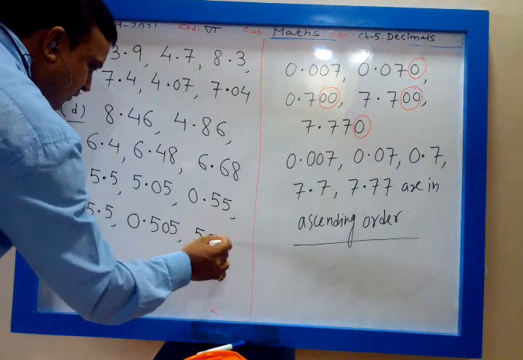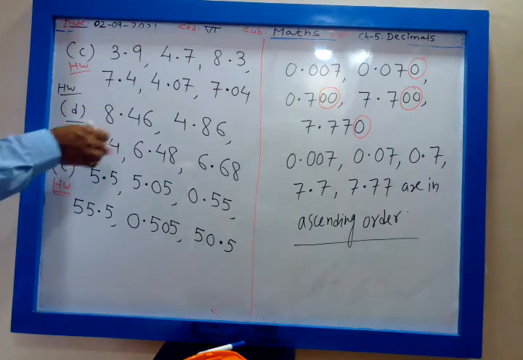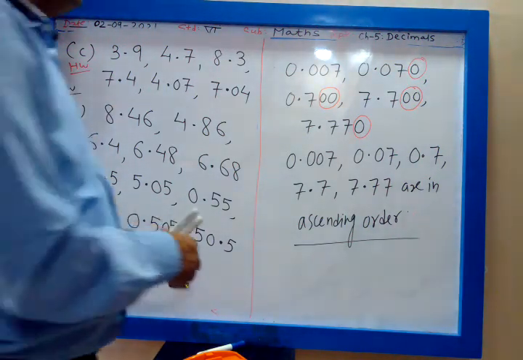Yes, you tell me, should I give this as homework? Easy one. Yes, let me give it as homework, because all are the same, my dear. Ascending order means you have to write the smaller number first.